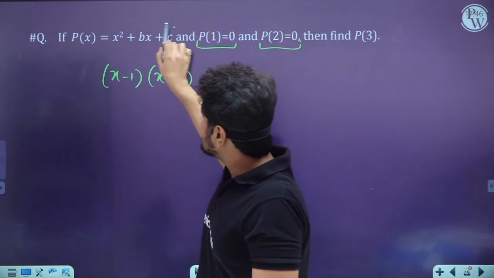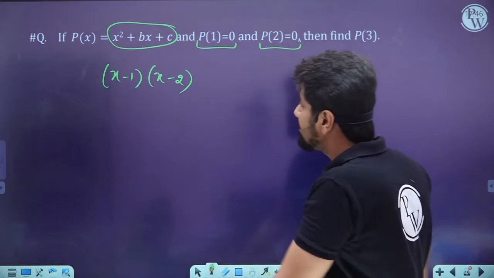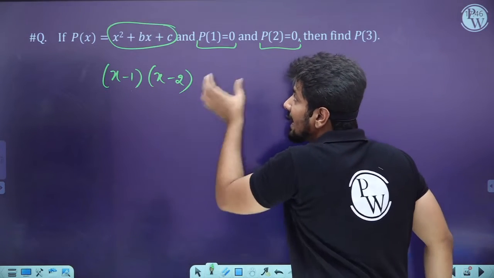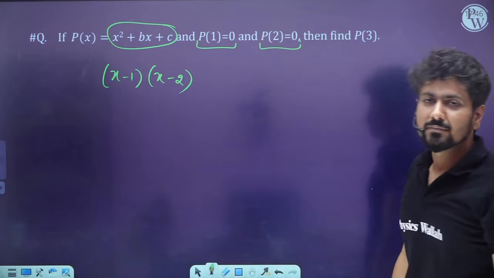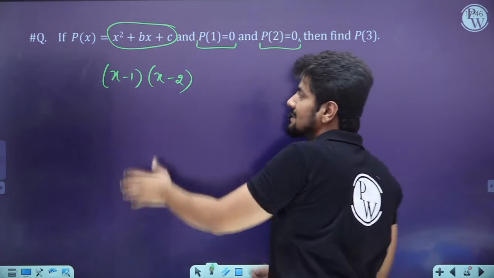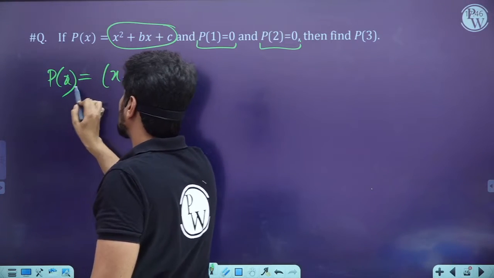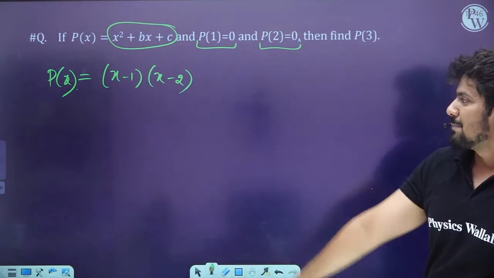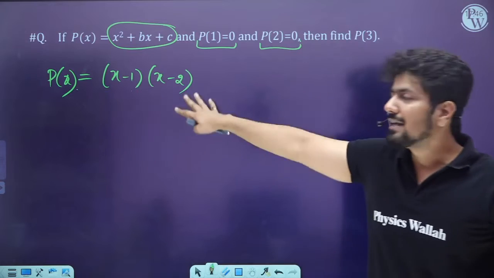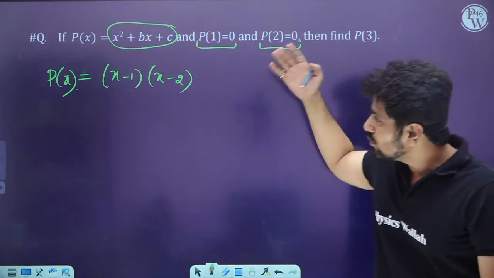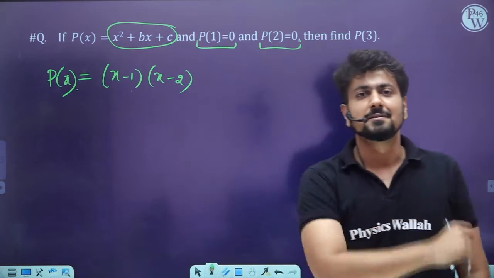So definitely this expression will be the product of these 2 factors. I know the factors by this information. So I directly know that our expression p(x) is going to be x minus 1 into x minus 2. This can be the only possible thing.